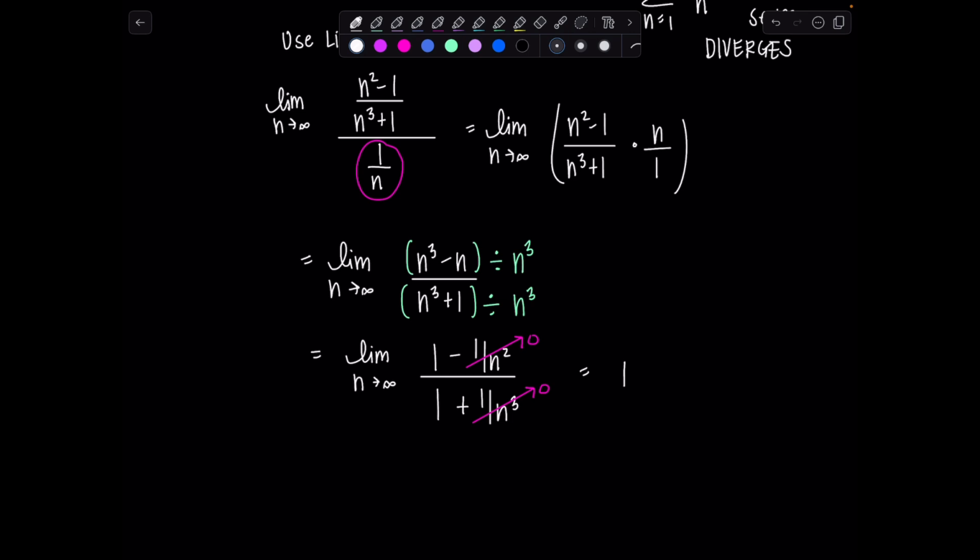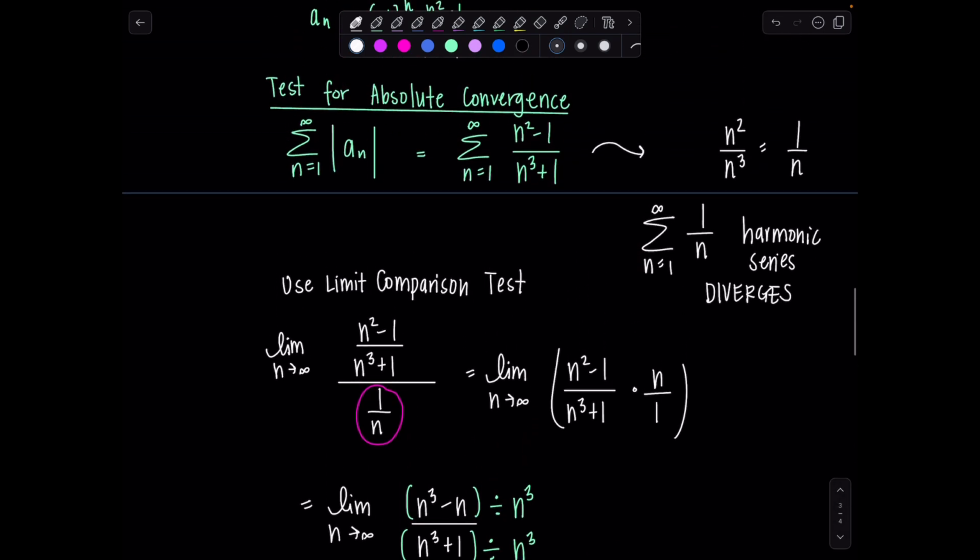Now I just did limit comparison test. What's the conclusion of the limit comparison test? You need to make sure that that resulting limit is finite and not 0. It doesn't matter what value you get, it just better not be infinity or 0. And then the limit comparison test tells us that our series does the same thing as the one that we compared it to. So that tells me this sum here does the same thing as the harmonic series.